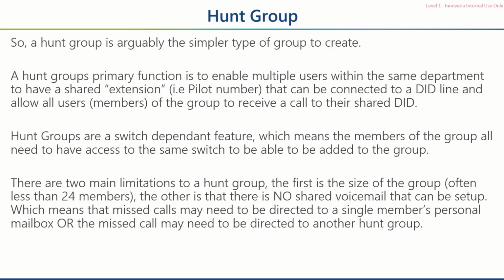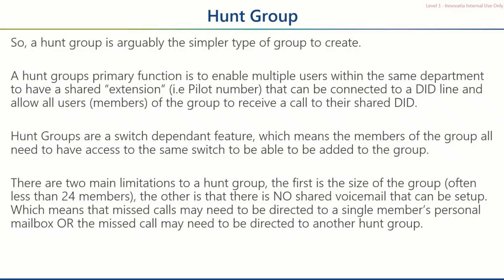As I just mentioned, hunt groups are arguably a little more straightforward to set up, but that obviously comes with a limitation in terms of the different features and options that are available. As I described before, a hunt group allows you to group together different users or extensions into a shared group that you can then attach a specific DID number to and allow the group to receive calls from an external destination.